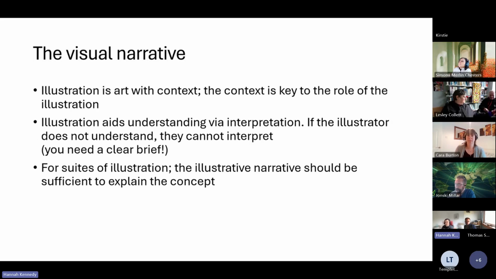So the context for us is the archaeological record here. The illustration that we create is to help understand elements and really complex ideas around this idea that we can look at mud and see past societies. It's really key to understand that it's that context that I think is what makes the illustration.